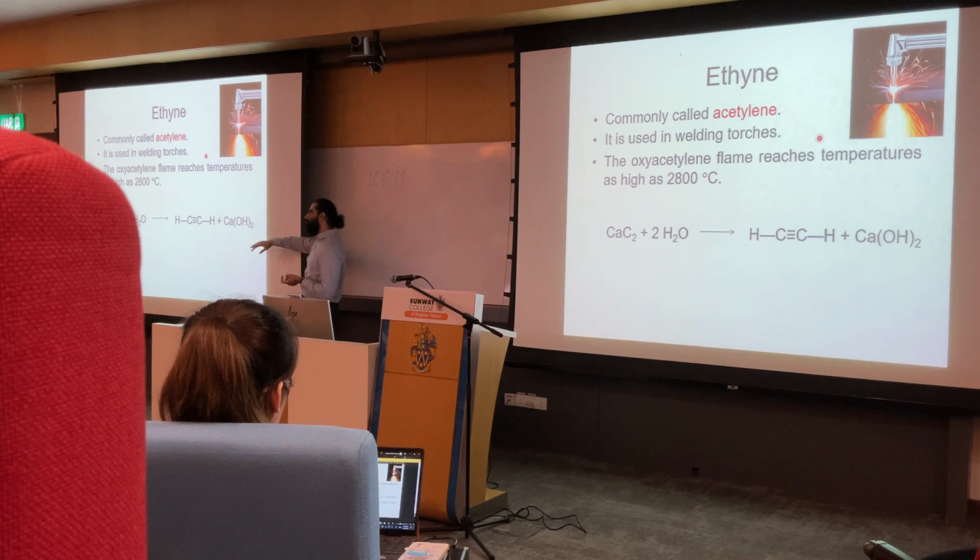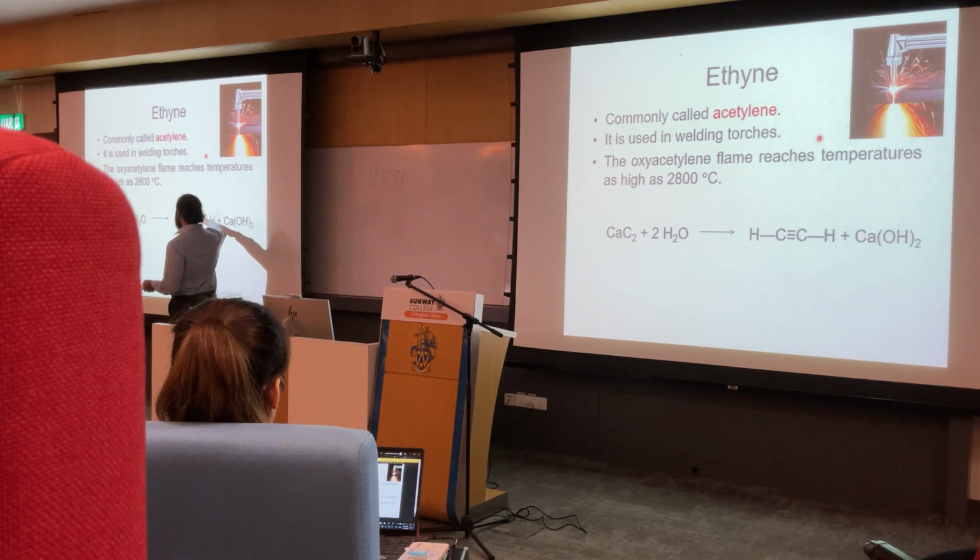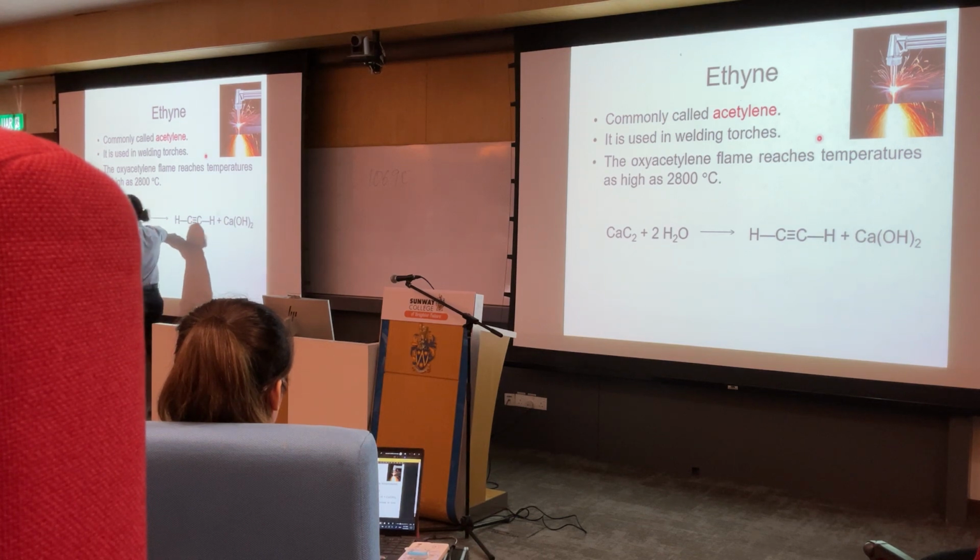But acetylene welding is not suitable for the environment. I have personally seen this in my life, but from what I know, this is not used anymore, at least in first world countries, right? So how people used to make acetylene for welding, they would use calcium carbide and just add some water to it.